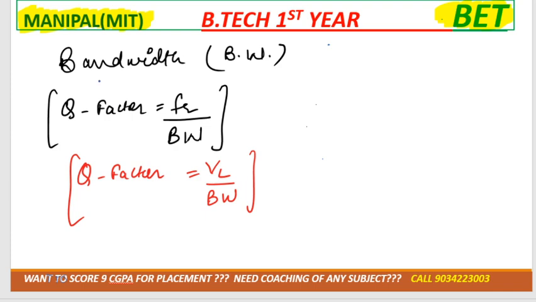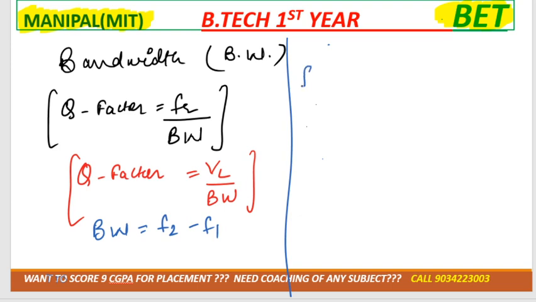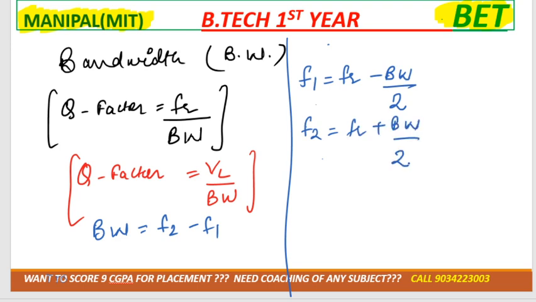Next, another formula of bandwidth: bandwidth is equal to F2 minus F1, where F1 is equal to FR minus bandwidth by 2, and F2 is equal to FR plus bandwidth by 2.